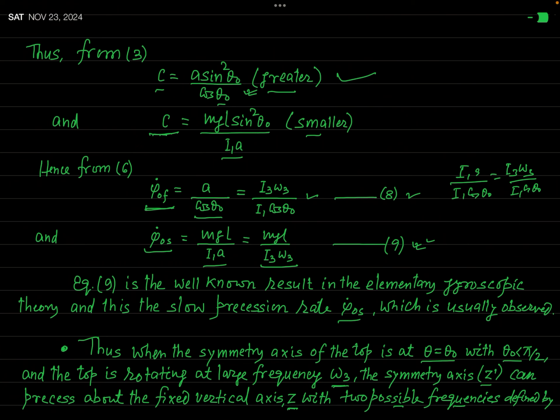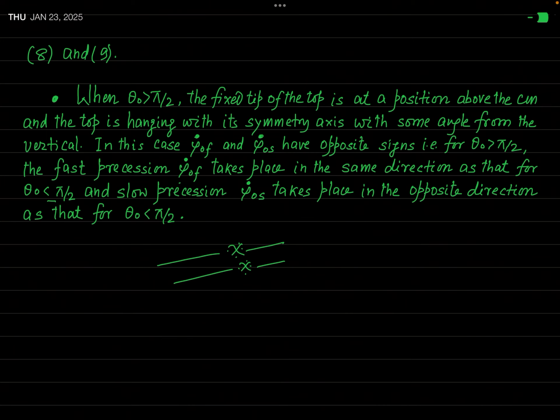Actually, both of these angular velocities are in the same direction in this case. But when theta naught is greater than pi by 2, then the fixed tip of the top is at a position above, and the top is hanging with the symmetry axis at some angle from the vertical. And actually in this case, phi naught f dot and phi naught s dot have opposite signs.